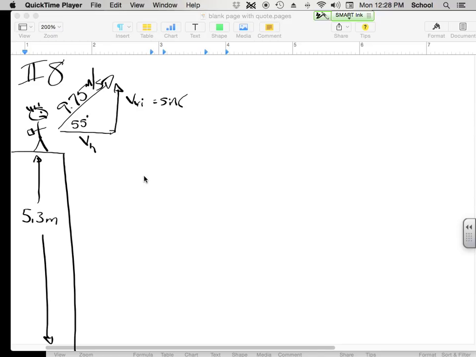So we're going to take the sine of 55 times the 9.75, and then over here we're going to take the cosine of 55 times 9.75. And here we get 7.99, and here we get 5.59. So we've got that made.